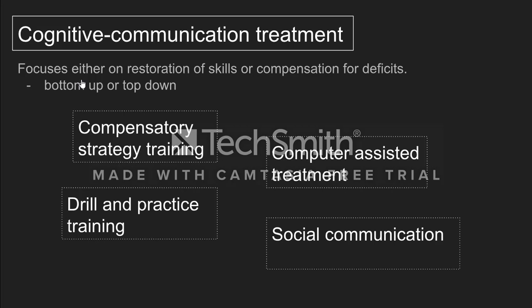There's also computer-assisted treatment, which would be like an app which drills specific skills. There's drill and practice training, which would be like repetitive drills that practice skills to stimulate damaged neural networks. And social communication treatment would involve training everyday communication partners, and it's designed to improve functional communication skills like taking turns and staying on topic.